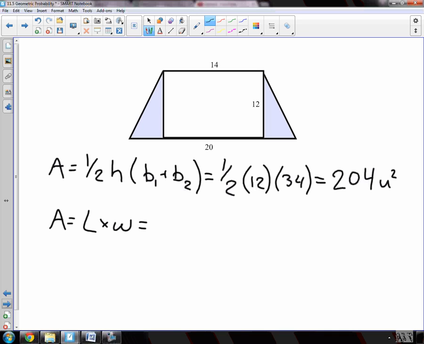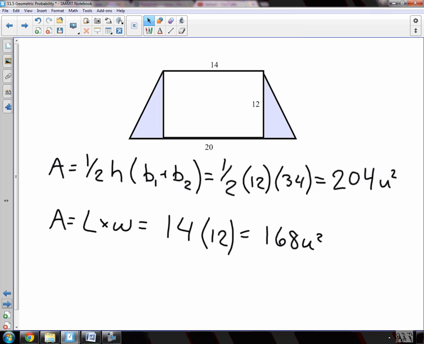They're going to use that trick all the time. They're going to give you that measurement of the bottom, and that's going to be one of the big missed questions, is they're going to assume it's 20. And 14 times 12 is 168. And so what number are we going to subtract from what to get the shaded region?